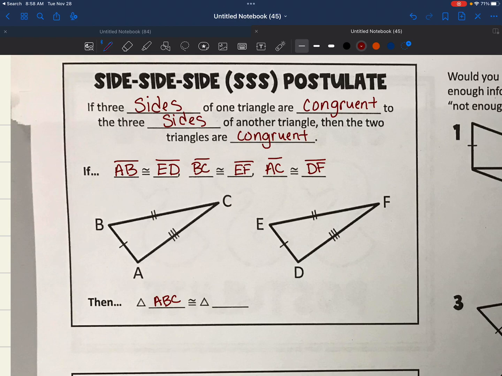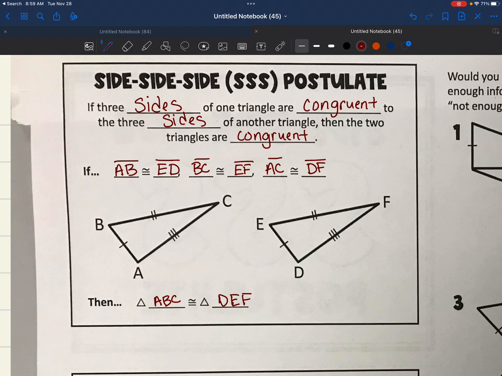DEF. Remember, when you name the triangle, it has to be the same order. Okay, makes sense? Any questions on this part?